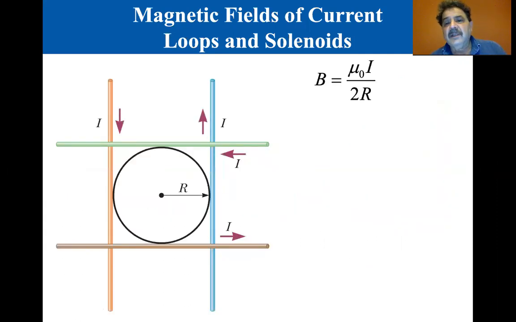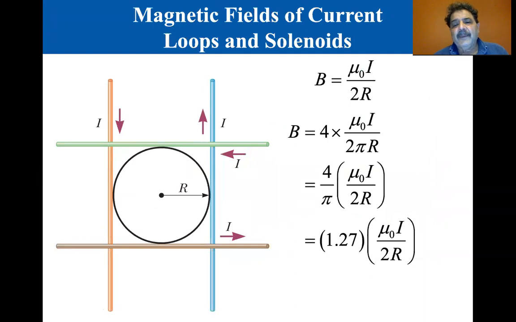Now the B produced by a coil of wire is mu zero I over 2R. You need calculus to get that, but we can approximate it by taking these four wires that essentially make a loop. The green goes right to left, the orange goes down, the brown goes left to right, and then the blue goes up.